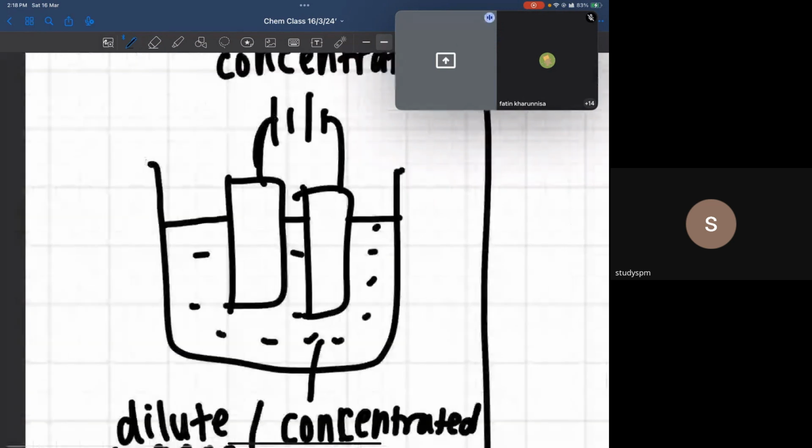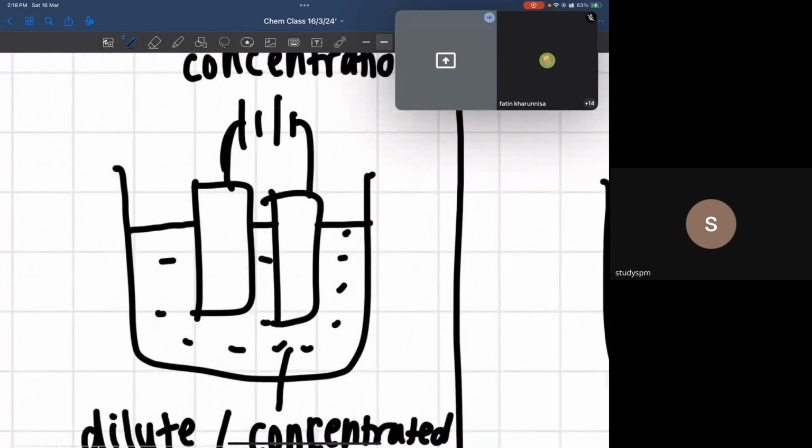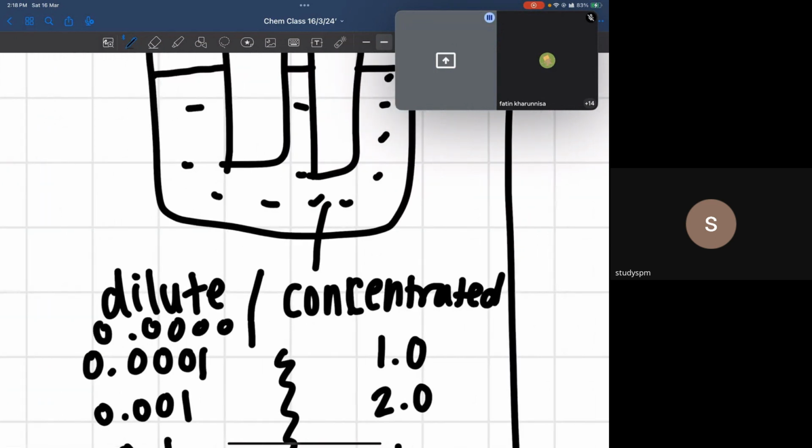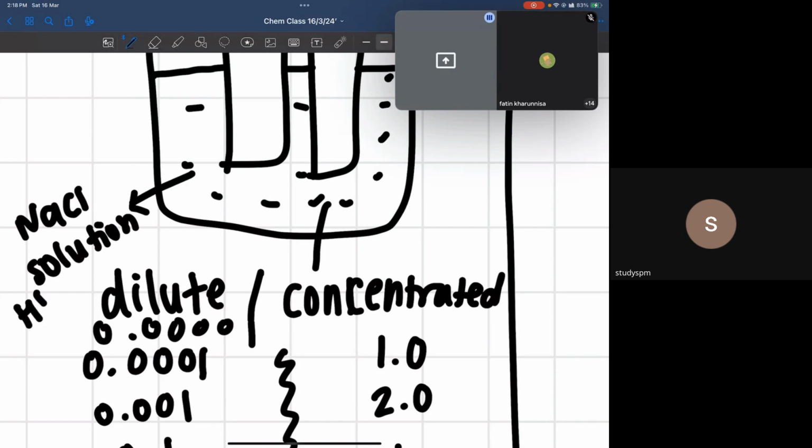Okay, so for concentration, what solution should we use? Copper sulfate. Oh, no. For concentration, we should use sodium chloride. We want to use the one that is highlighted. Okay? Solution. Just now we learned that the solution has hydrogen ion, hydroxide ion, sodium ion, chloride ion.